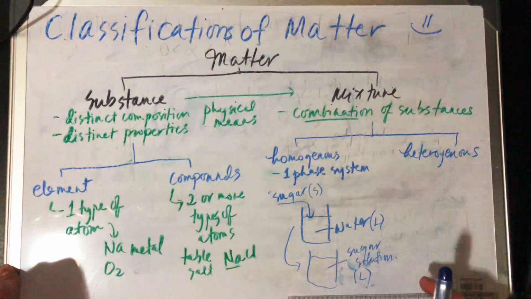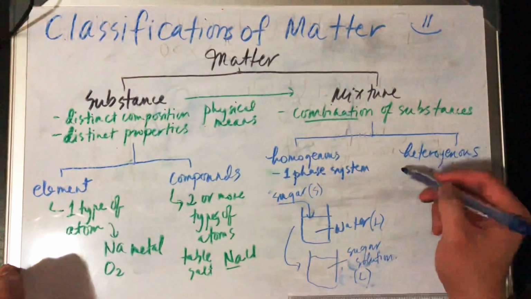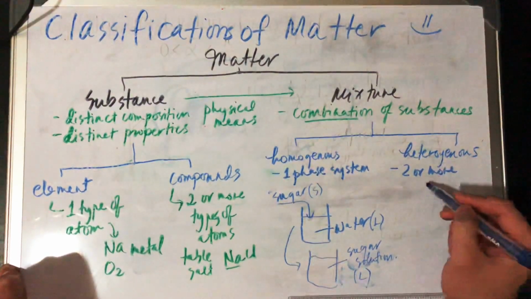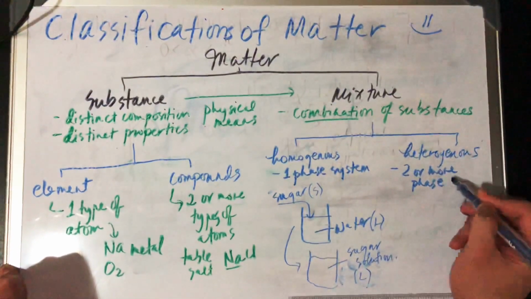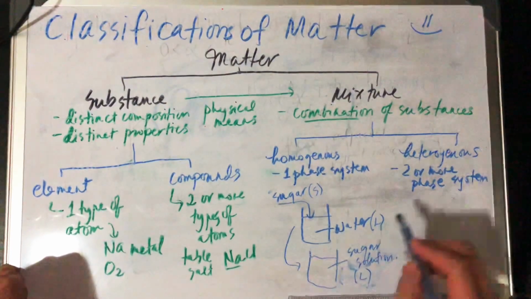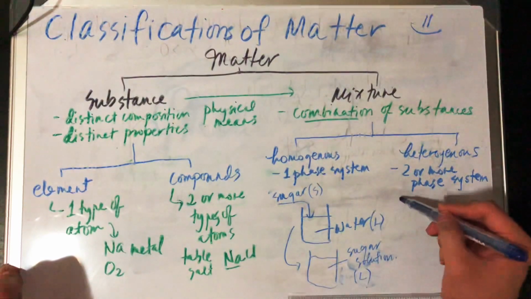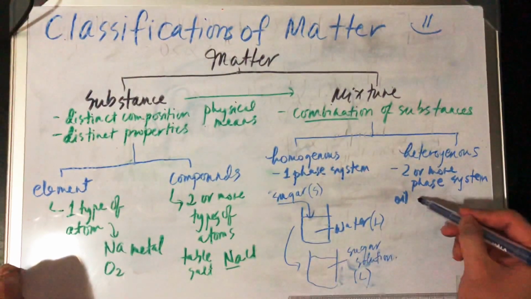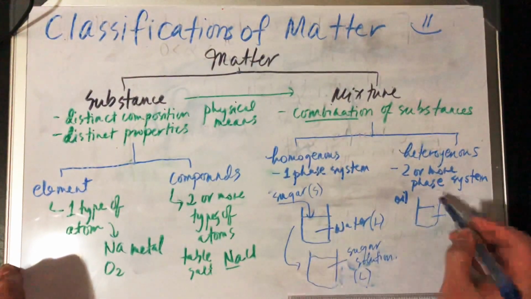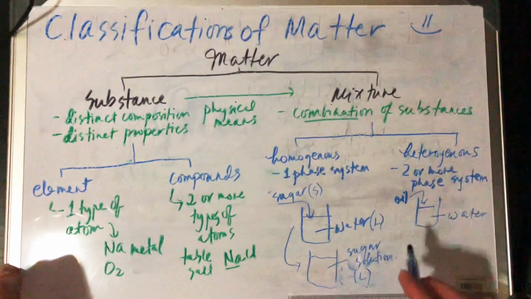Now, the opposite of that is the heterogeneous mixture. In a heterogeneous mixture, we can see two or more phases. For example, if I mix oil and water, I put the oil in water and mix it.